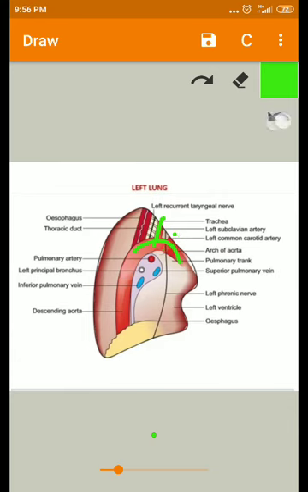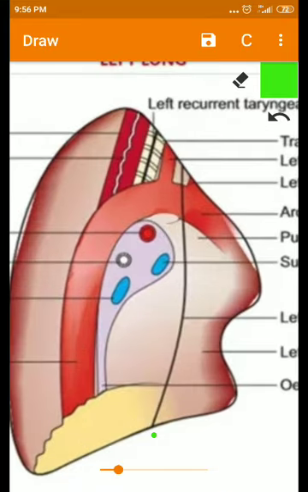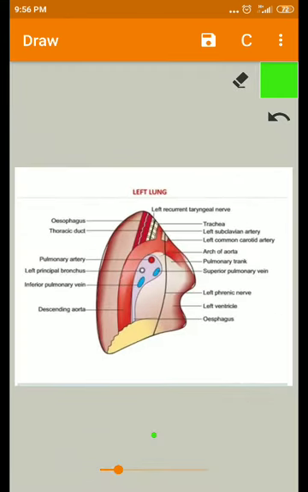Now coming to the root of the left lung. I have explained what we mean by the root in the right lung, so the same thing you have to define on the left side. The structures passing through this hilum are the pulmonary artery and also one bronchus, the principal bronchus.